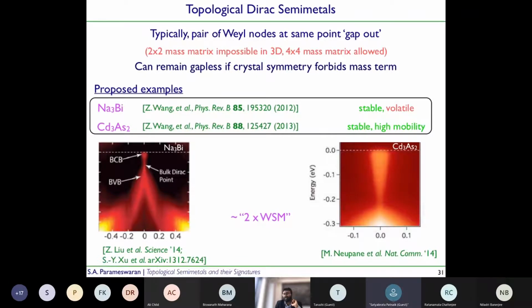Maybe tomorrow you can show the signatures. But the problem is the ABJ anomaly is also considered the true test of longitudinal magnetoresistance, negative magnetoresistance, and all these things. Tomorrow we do expect more clarity on these measurements. These can be very confusing because they can come from different reasons. Even the anomalous Hall effect.